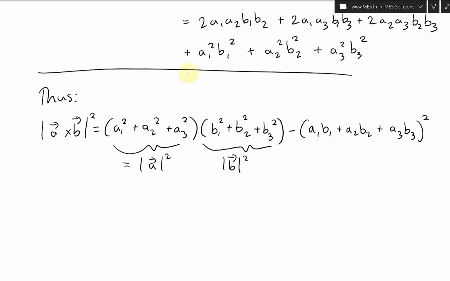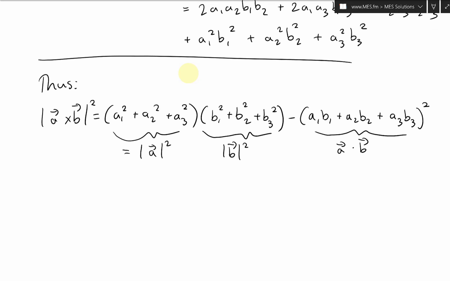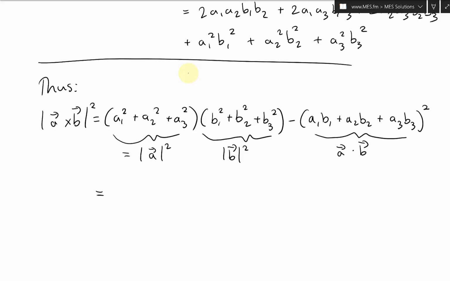And this part right here, inside here, is just a dot product. Inside this thing is just a1, b1, all the terms, and add them up. In other words, this is just a dot b. So what we get is, well, this whole thing is equal to, let's put an arrow, so I'll just leave it like that.